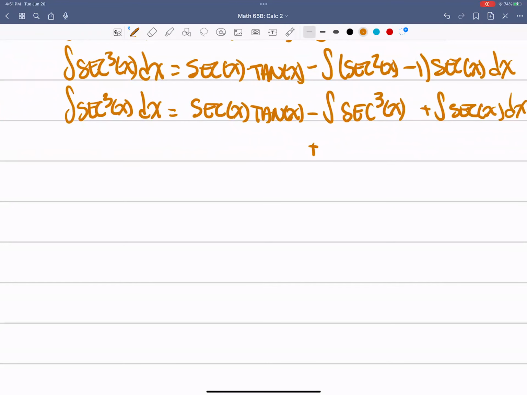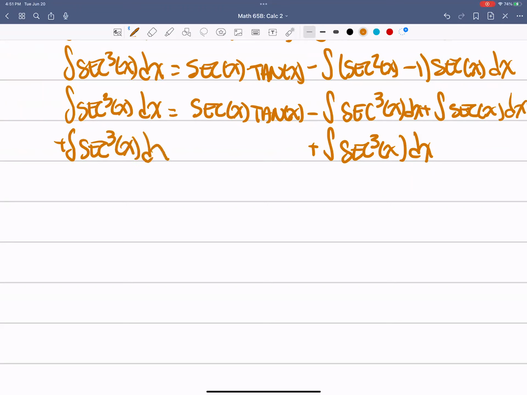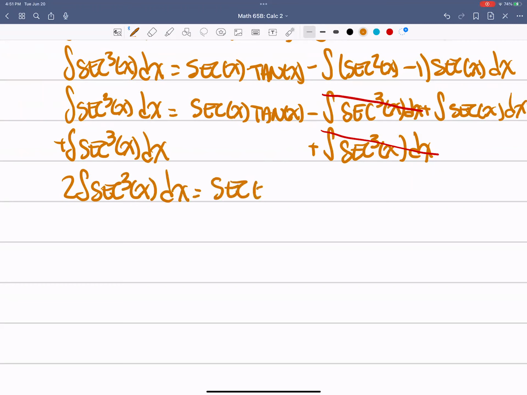So I'm going to add that to both sides, secant cubed x dx. These divide out. So now we have 2 times the integral of secant cubed x dx is equal to secant x tangent x.